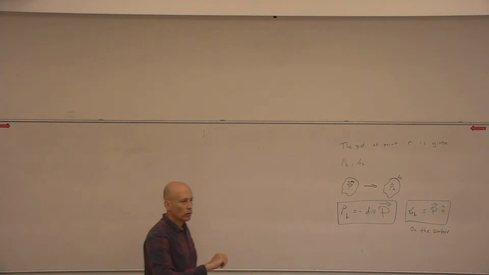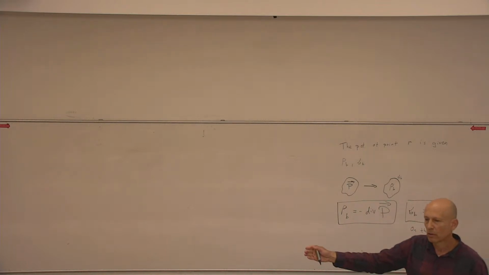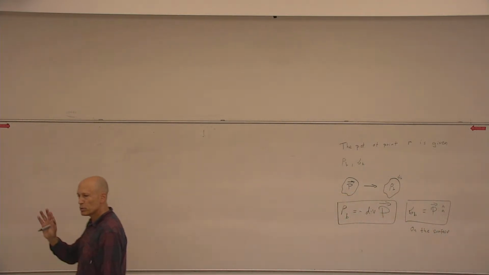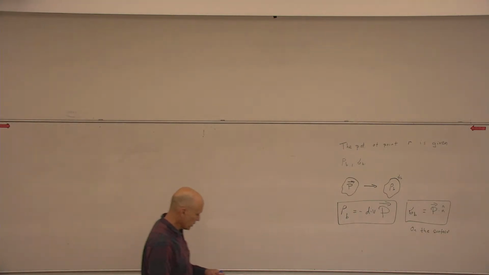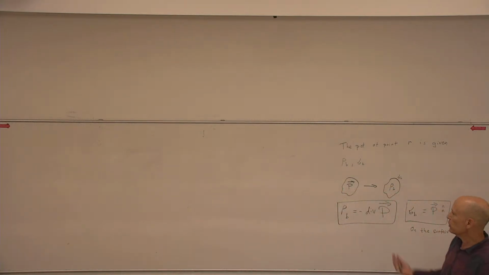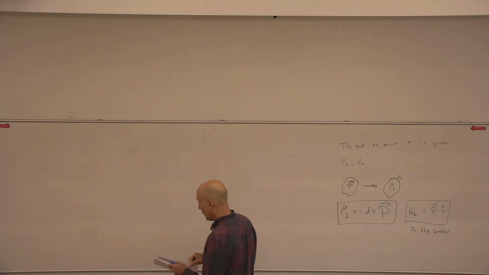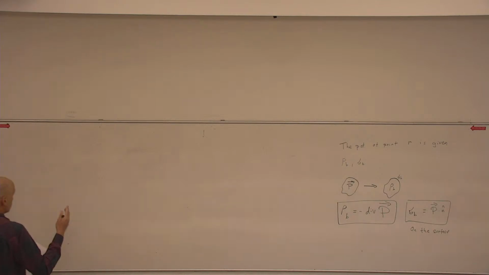How do you go from one to another? If you have 1 over r and you want 1 over r squared, you differentiate. So we need to use some differentiation. Essentially, that is the whole idea, to go from this polarization back to the charge picture: differentiate. It's a bit more complicated than that because you have vectors here.